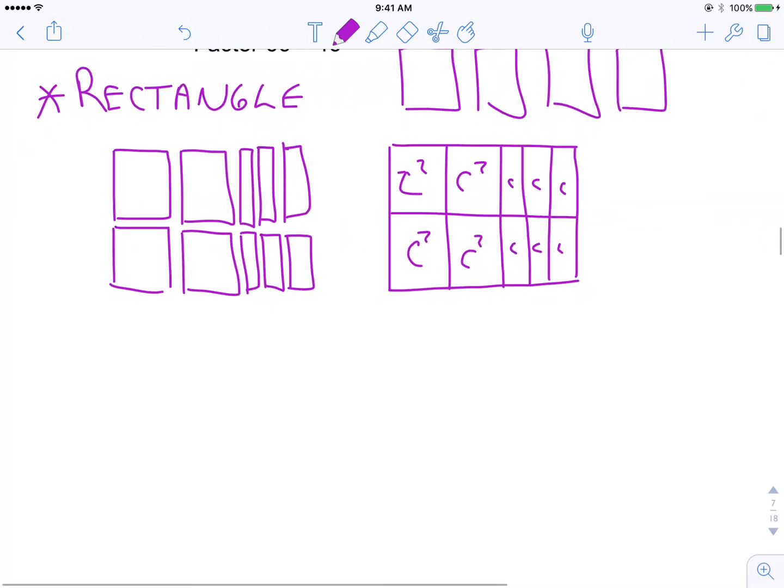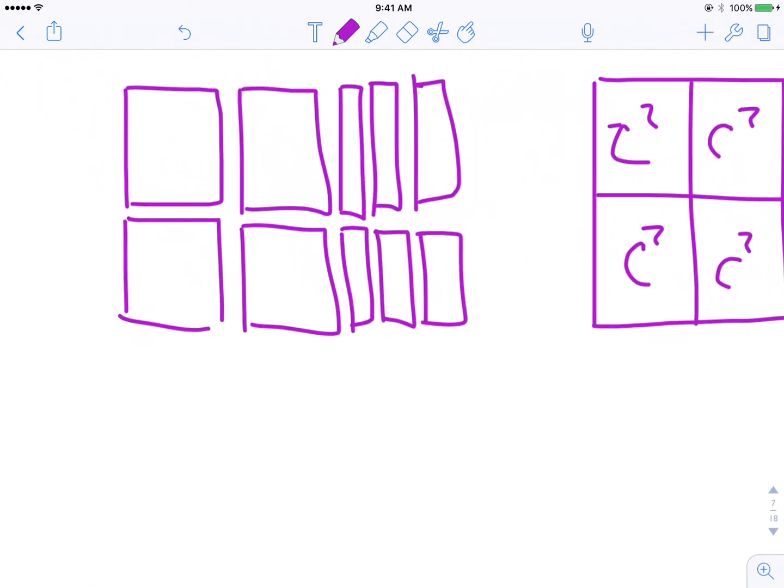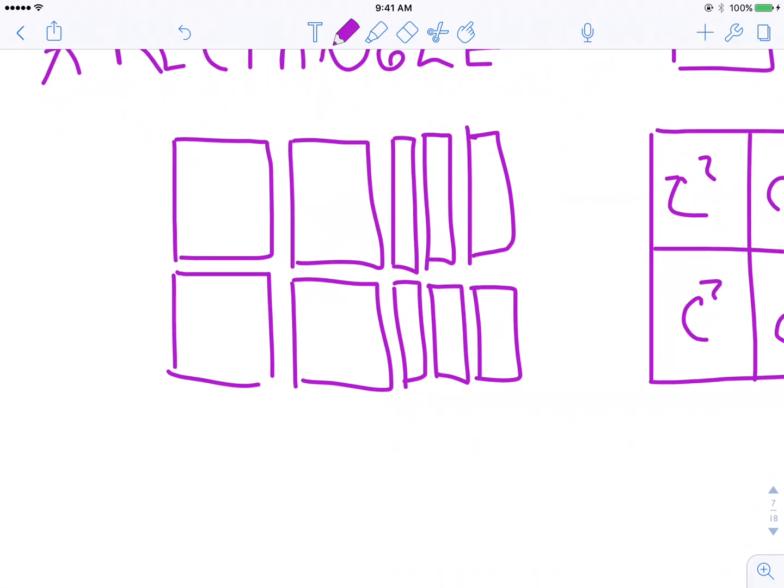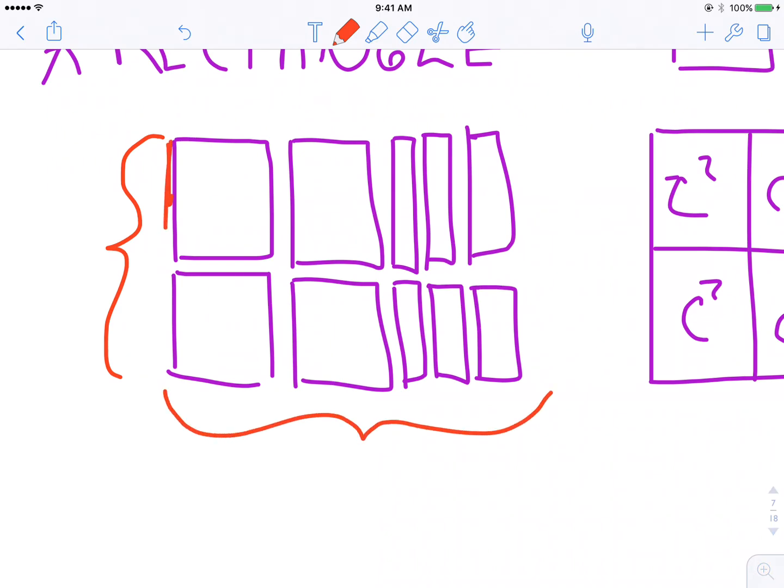So now that I've got my algebra tile set drawn in a rectangle shape, I look at the dimensions of that rectangle, the width and the length. This dimension here represents c. This dimension here represents c. That would be 2c. This dimension here represents c.